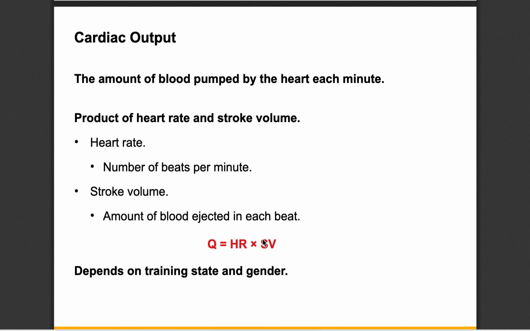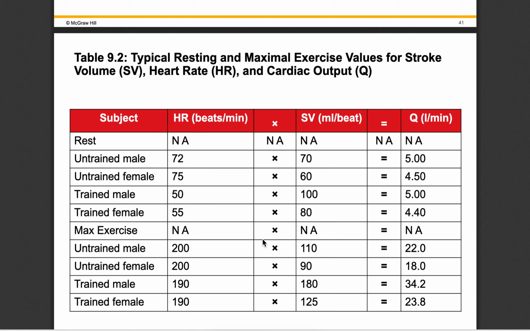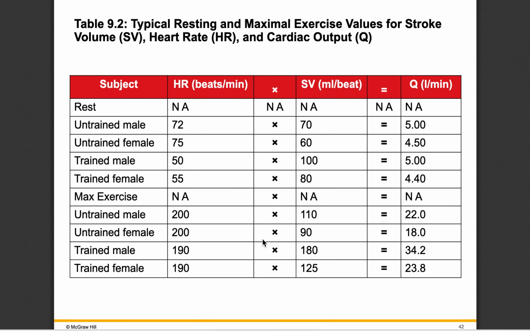And we can change stroke volume, how much blood is ejected with each beat, and heart rate through exercise or non-activity, and we can change this very quickly and over time. So here's an example that lets you see the differences on what can happen. You have rest and you have maximal exercise, so working out as hard as they can.